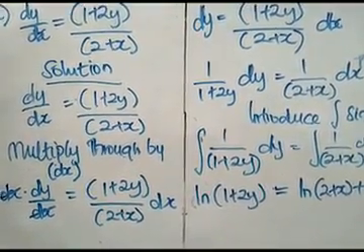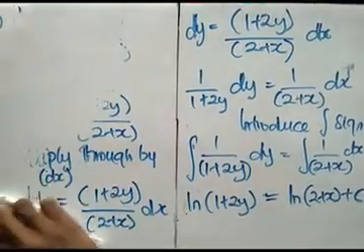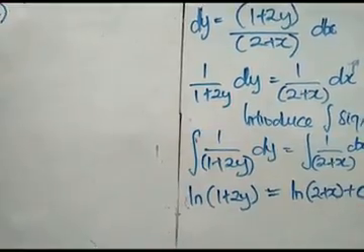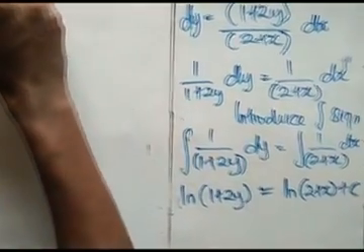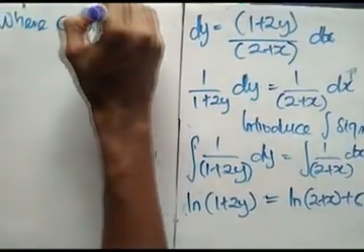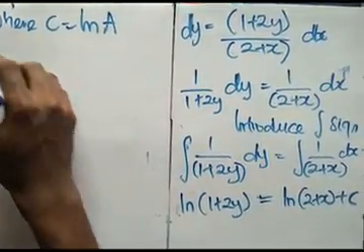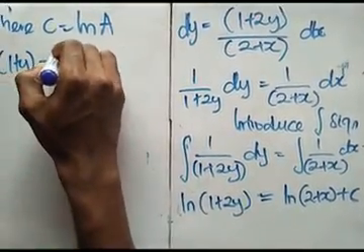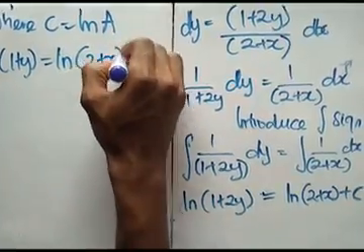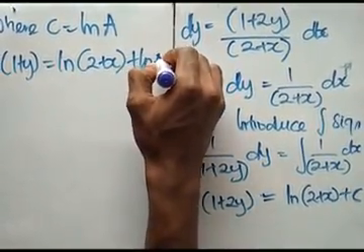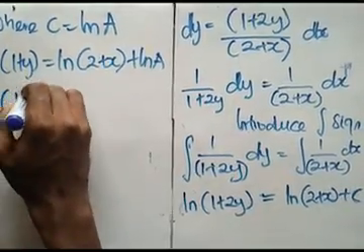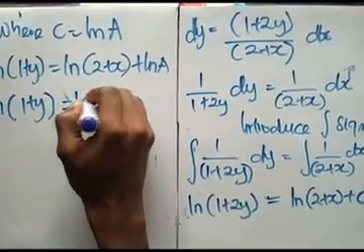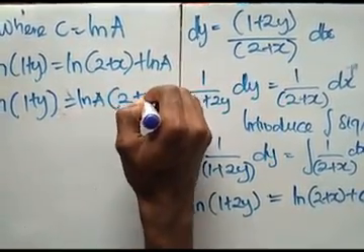So we continue. Let me just wipe here off. Where c is equal to the natural log of a, so it will be the natural log of 1 plus 2y equals the natural log of 2 plus x plus the natural log of a, and it can also be written as 1 plus 2y equals a times (2 plus x).